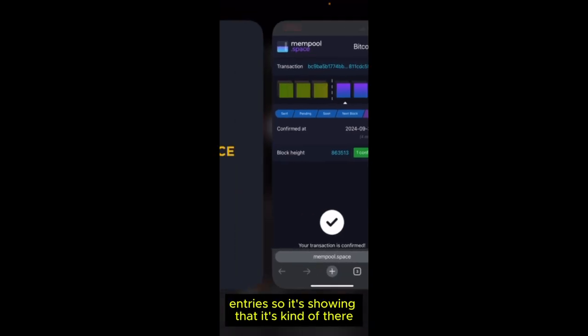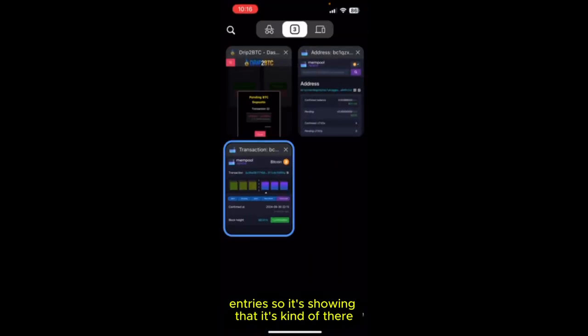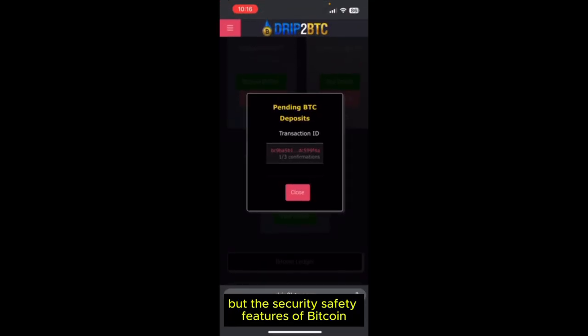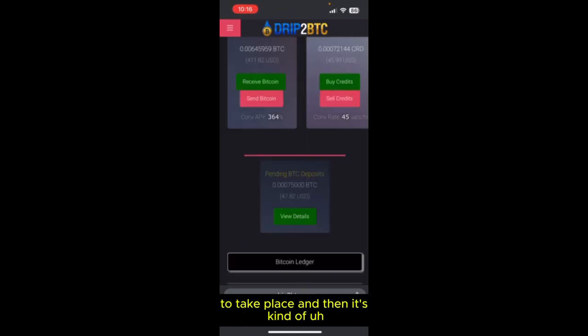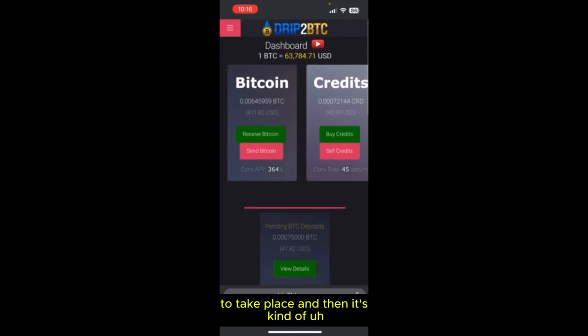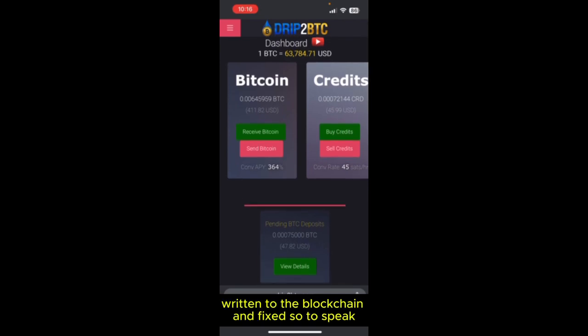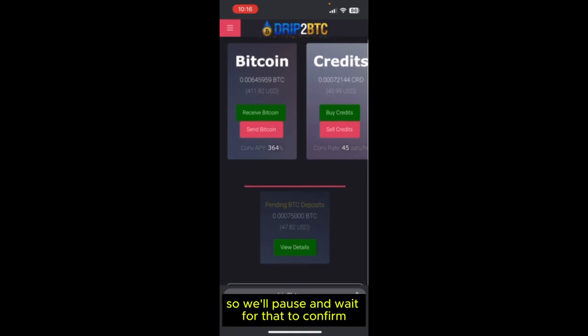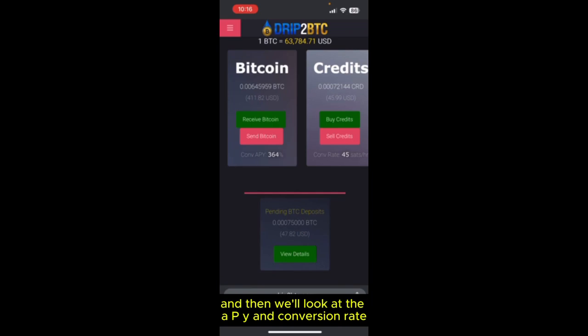So it's showing that it's kind of there, but the security safety features of Bitcoin for this allow for more than one confirmation to take place, and then it's kind of written to the blockchain and fixed, so to speak. So we'll pause and wait for that to confirm, and then we'll look at the APY and conversion rate.